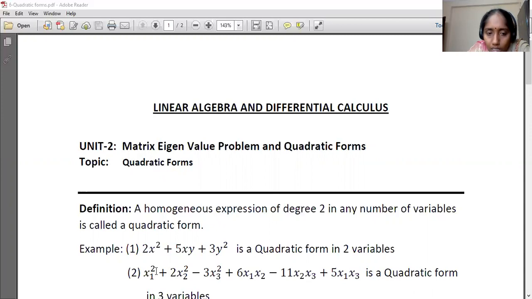Here x1, x2, x3 are the three variables, and observe the degree of each term is 2: x1², x2², x3², x1 into x2, x2 into x3, similarly x1 into x3. So this is a quadratic expression of three variables.